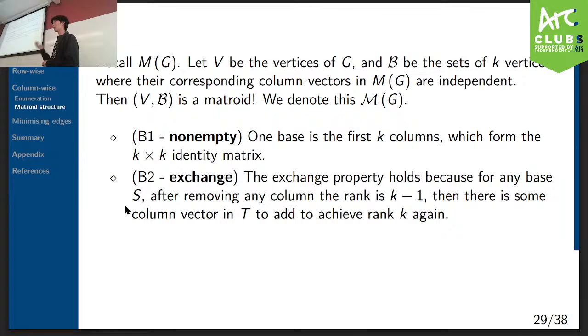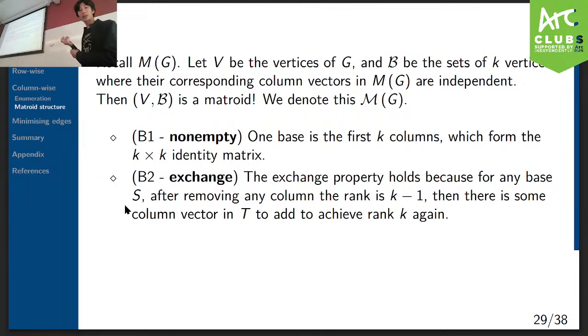Remember that for each vertex there's a corresponding column vector in the graphic presentation. You're going to choose some subset of those which are linearly independent, and the size of that subset is going to be K. If that's the case, then that's going to be a base of your matroid. It might be quite hard to understand, but there'll be an example in a sec.